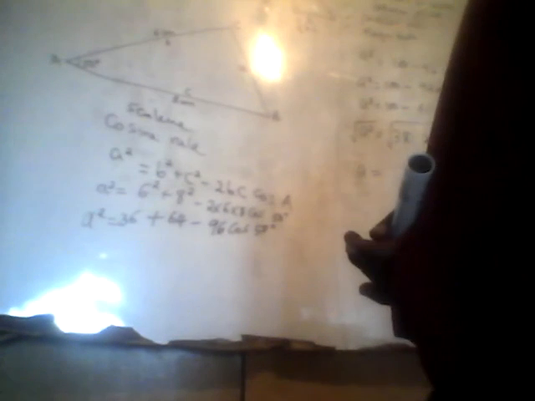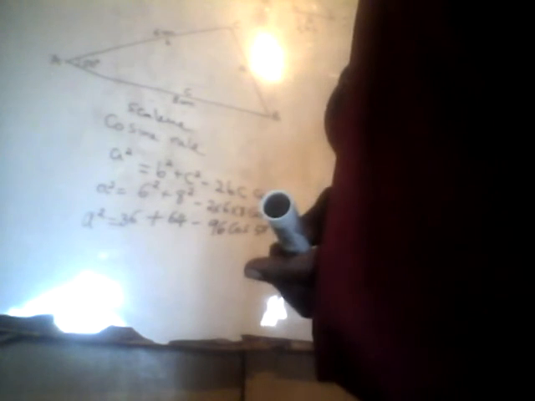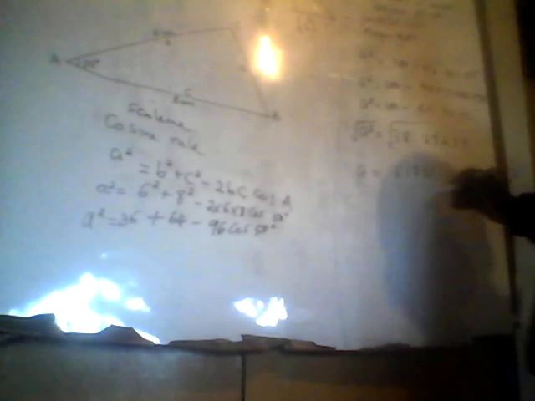Tell us that the square root of the answer is 6.188, 6.1881.